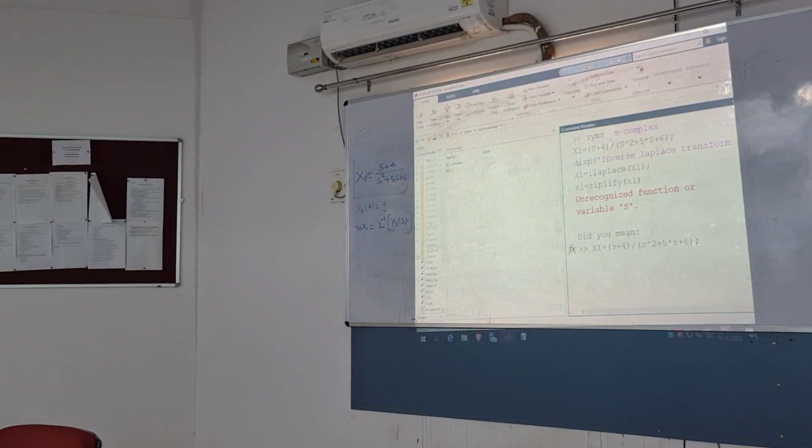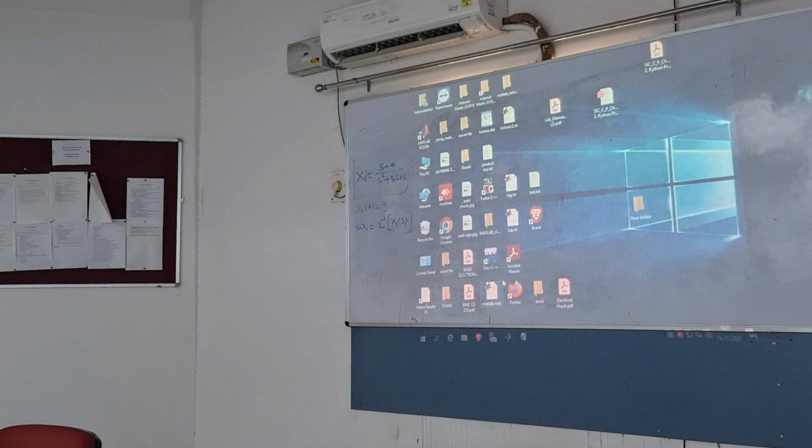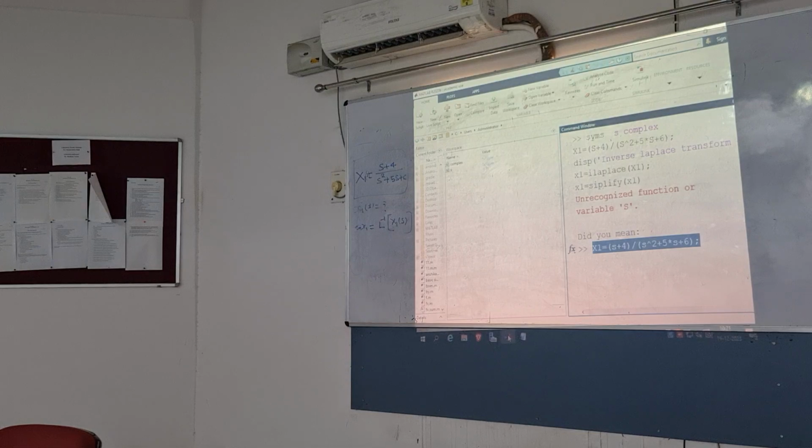Here the syntax s is capital, it is missing the small. You have taken the small s. The syntax error in the command window. The x1 here has the capital S. You have typed the small s.